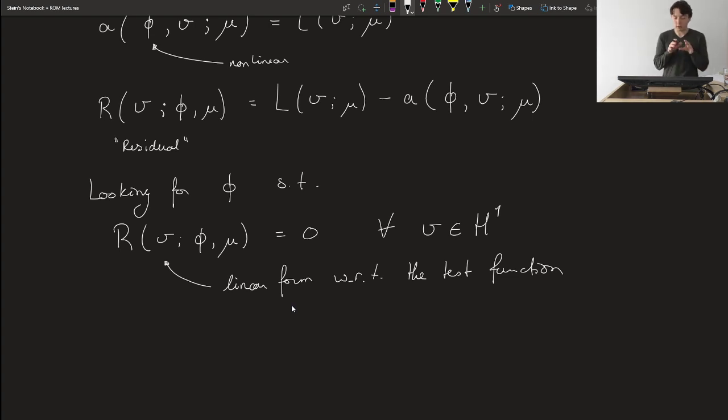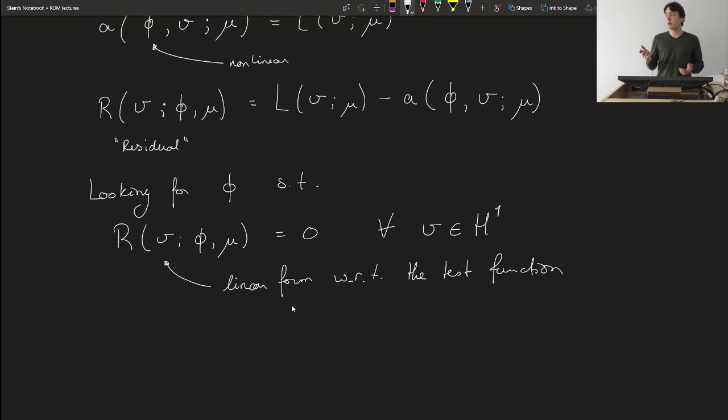Right? And this is a linear form that takes a test function and assumes that it has been given already a solution phi and a parameter point mu. So then it takes a test function and it gives a number. And once we find the solution phi such that the residual, that number that the residual gives back for any possible choice of test function is 0, well then we say that is the solution of our nonlinear partial differential equation.